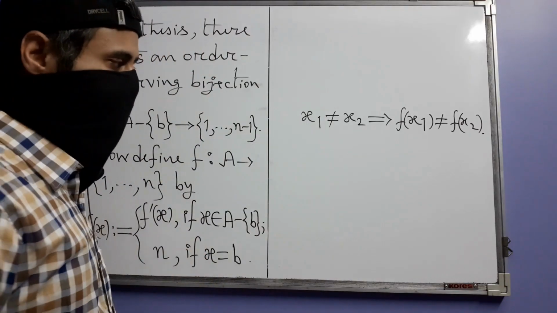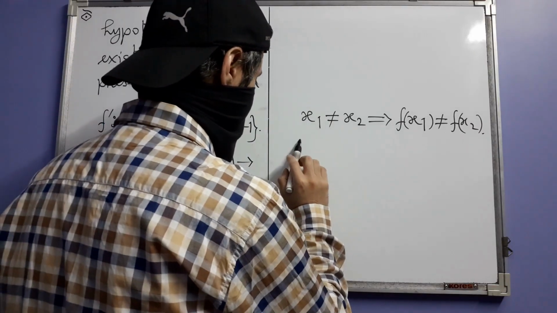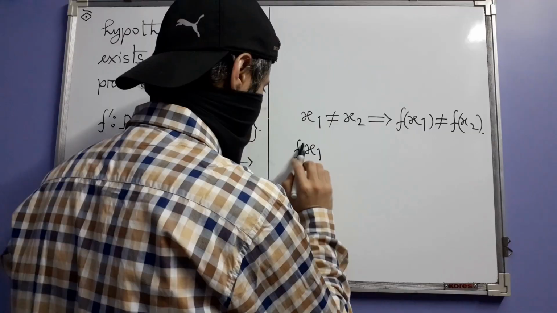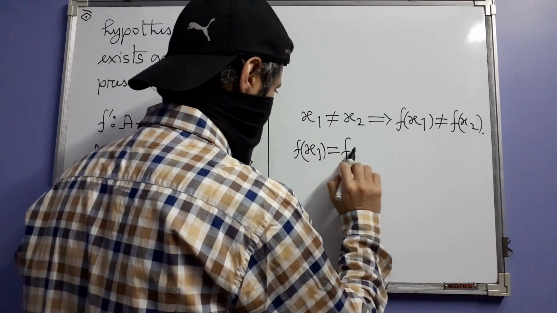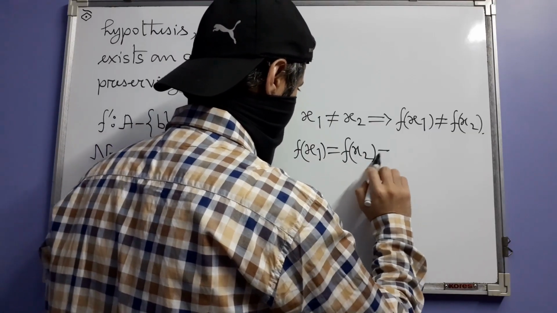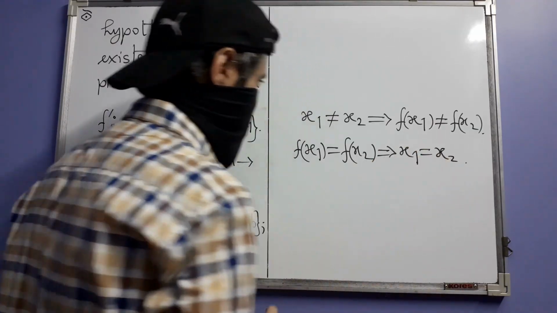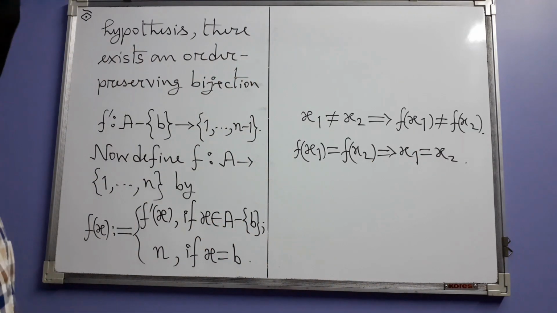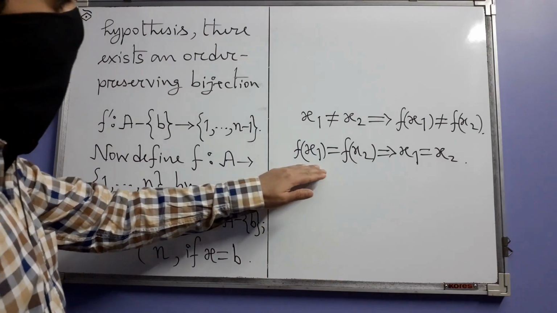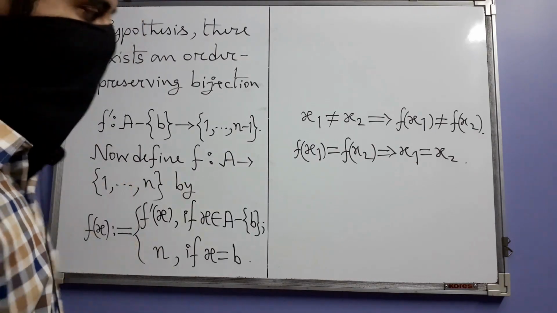This is one way. Or you can take two inputs for which the images are equal and then show that the inputs are equal. Any one of these two ways you can choose. Say if you choose this way, then what?